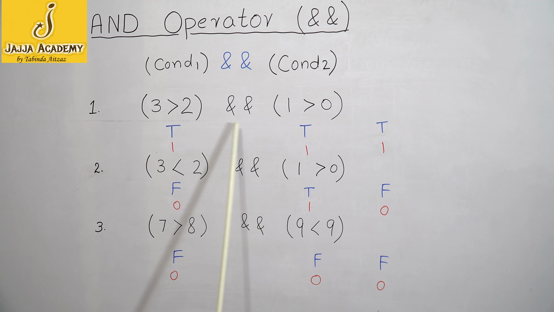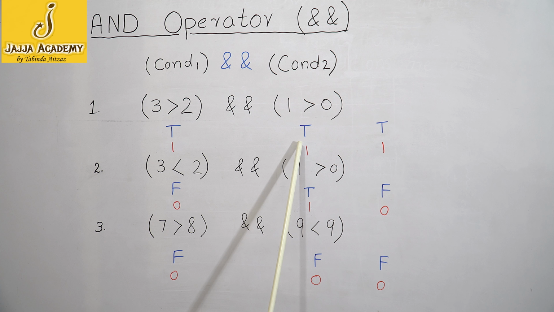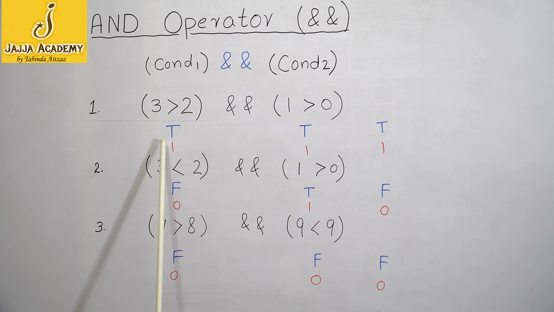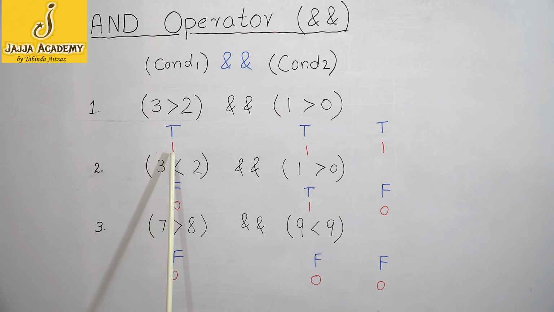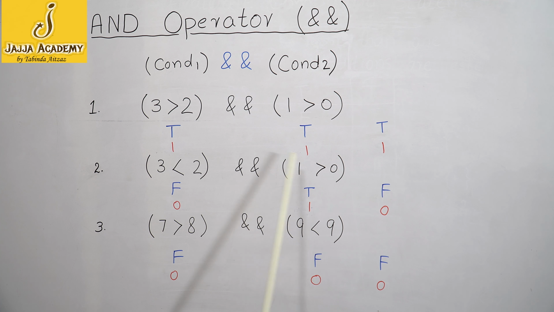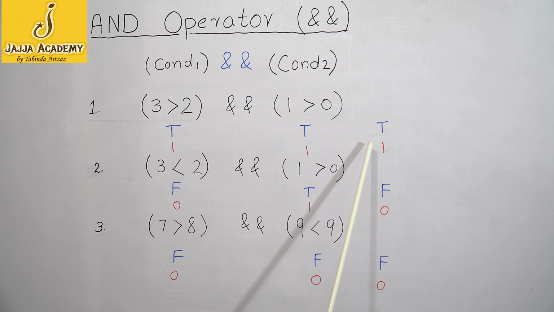Now true and true, both conditions are true, so the AND operator will return true answer. As true is represented by 1, so 1 and 1. It means 1 multiplied by 1 is equal to 1, and true can be represented by 1 and vice versa.